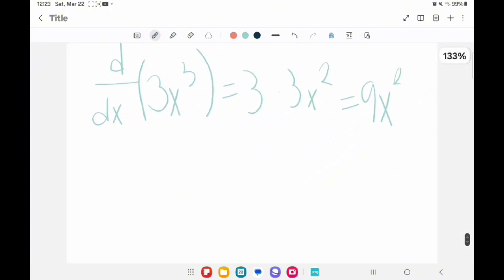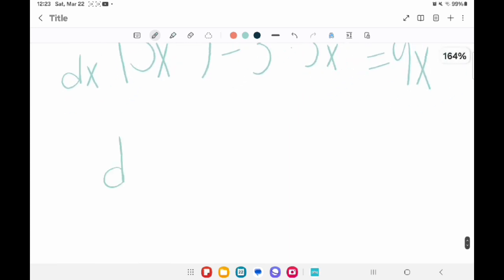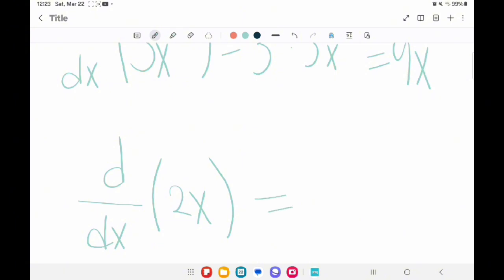Now we need to find the derivative of 2x. The 2x is a linear term, so d over dx of 2x equals 2.